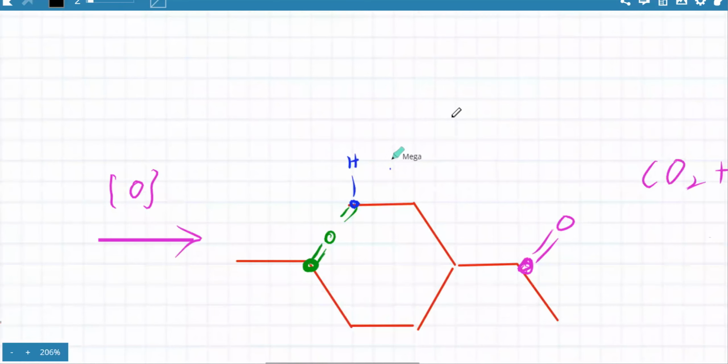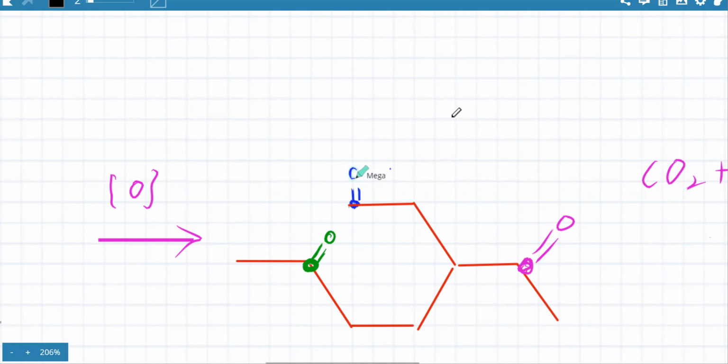So turn this particular carbon atom into a carboxylic acid. It would be double bond O and OH. So it would change into a carboxylic acid. So is this clear? This is going to be your product if you oxidize this.